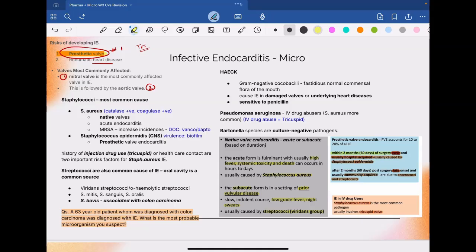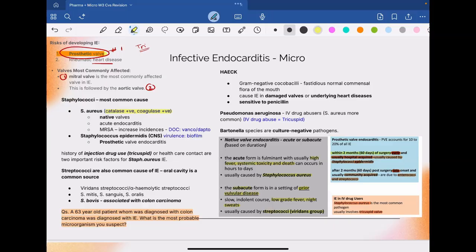You have to know these for the exam in case a question gives you the reactions of the bacteria, what it does, and what agar it grows on, because you are supposed to know which pathogen caused it. It grows on native valves, so a patient coming for the first time with a native valve and no previous issues.